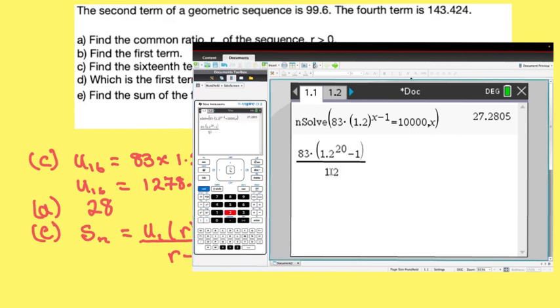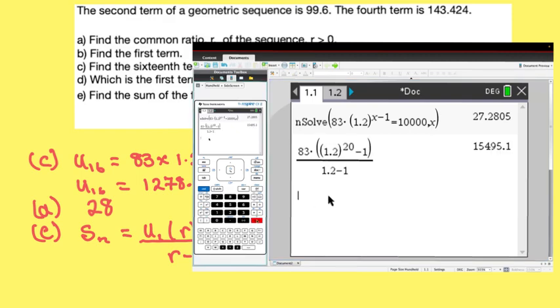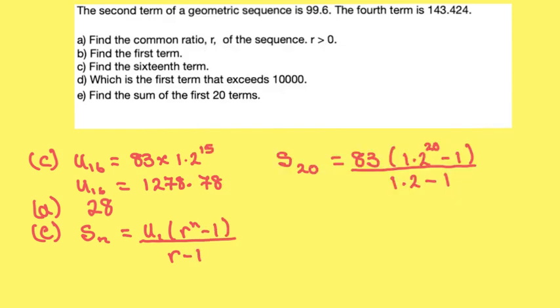So I've got 1.2 minus 1. Press enter, and the sum of the first 20 terms is 15,495.1. So S20 is equal to 15,495.1.